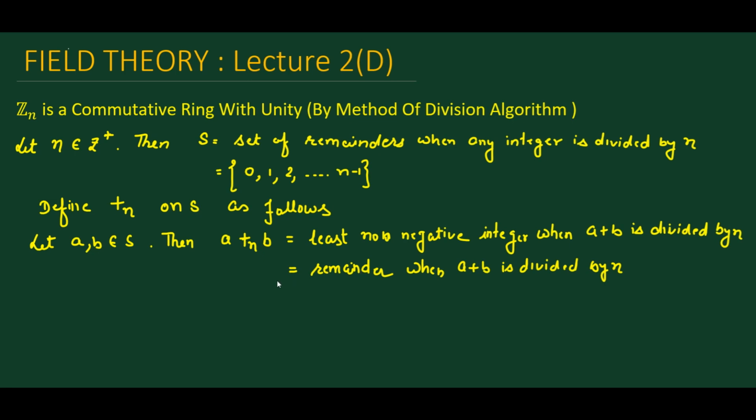When any integer is divided by a fixed integer n, the remainder may be 0, 1, 2 up to n minus 1. So clearly this will be an element of the set S, and it will be a unique element of S.